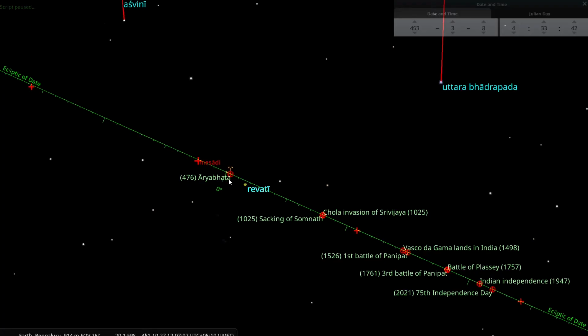Going further back, we come to the period when Vasanta Vishuvat coincides with Meshadi, and I told you that this was the Gupta period. And this is where the previous episode had stopped. But now I'm going to let this run even further back because I really want to look at history such a long time back that it becomes difficult to date events, because these events we know very well.